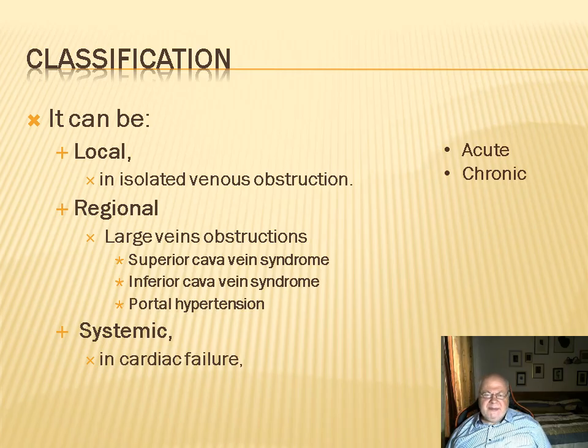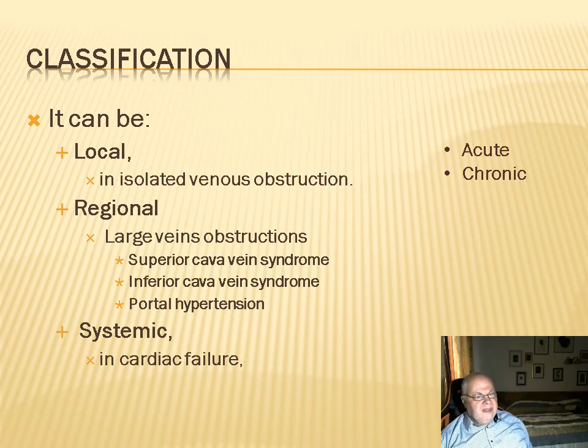And it's also possible to have a stasis affecting the entire body, which is called a systemic stasis, resulting from failure in the pump itself, the heart, or in cardiac failure.